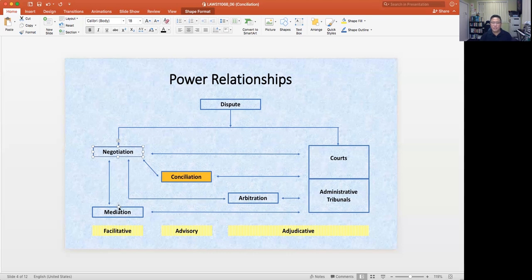Even when it comes to mediation, the mediator has no power to compel the parties to reach an agreement. All the mediator can do is to try to facilitate a discussion between the parties so that they reach an agreement.